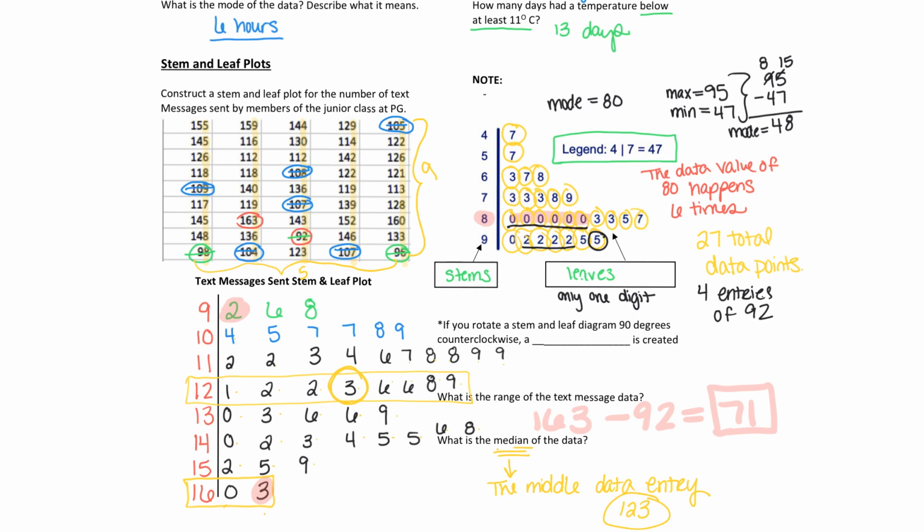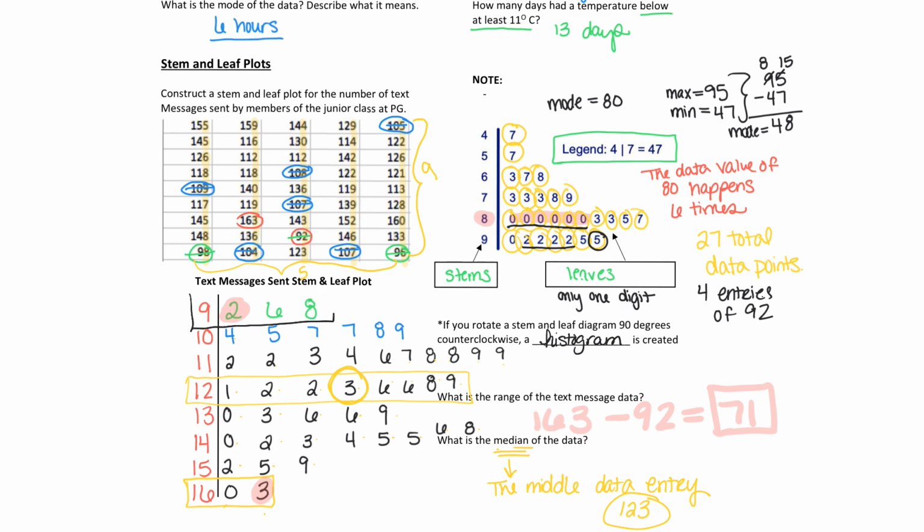Now, this last piece of information says that if you rotate a stem and leaf diagram 90 degrees counterclockwise, if you turn your head the opposite way, you create a histogram. What's happening with the histogram is you would be putting these data values into bins.